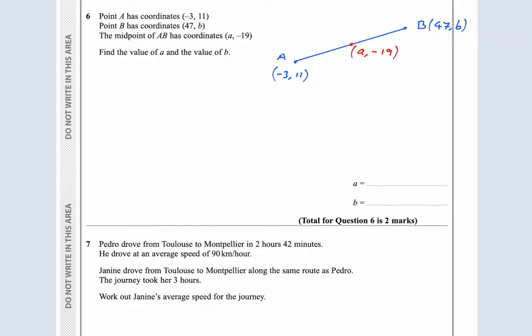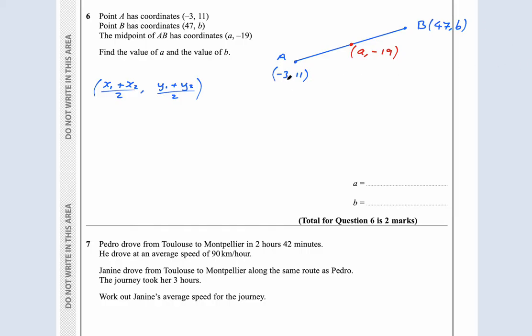So this is a midpoint question, guys, but it's just slightly more difficult because of the way they've kind of arranged it. So the midpoint formula is x1 plus x2 over 2, comma, y1 plus y2 over 2. That's the midpoint formula.